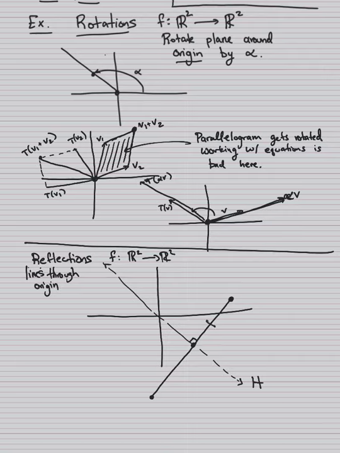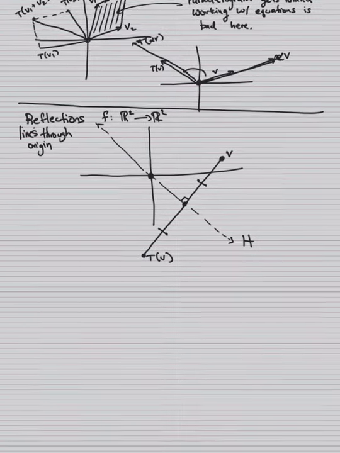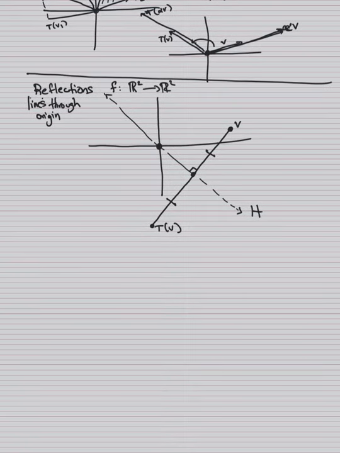So these are equidistant. This would be v. This would be t of v. So notice again, since the reflection is through the origin, t of 0 is 0. That's why you can't reflect over the line x equals 1.